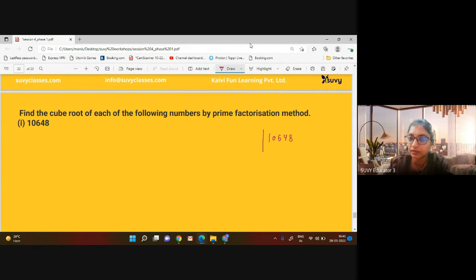10648. 2 fives are 10, 2 threes are 6, 2 fours are 8, 2 sixes are 12. Here it's 11, and it's 11 into 11.